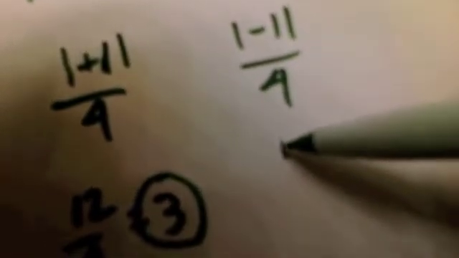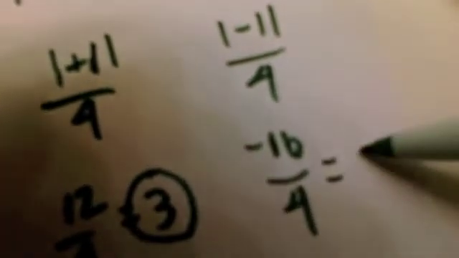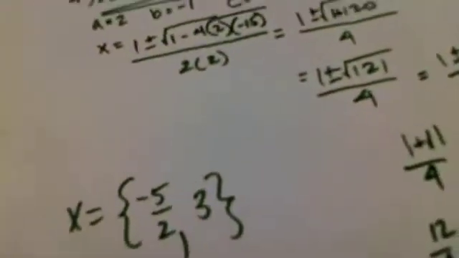And remember, this is going to have two real roots, and I'll tell you why in just a moment. This one is 1 minus 11, which is negative 10 over 4, which reduces to negative 5/2. And that's our second real root. So I can say x equals negative 5/2 and 3.